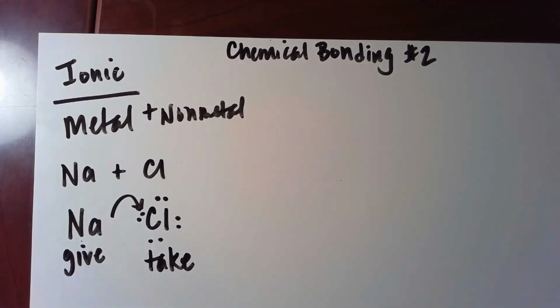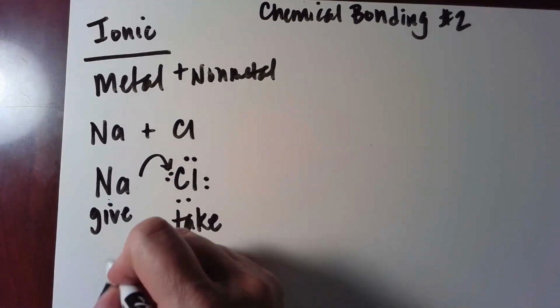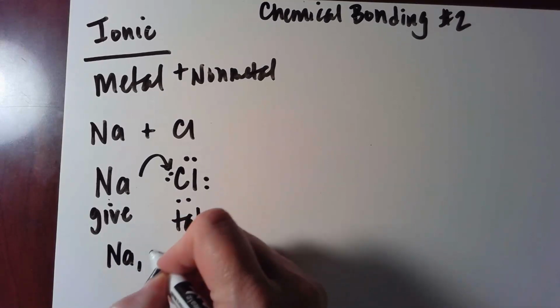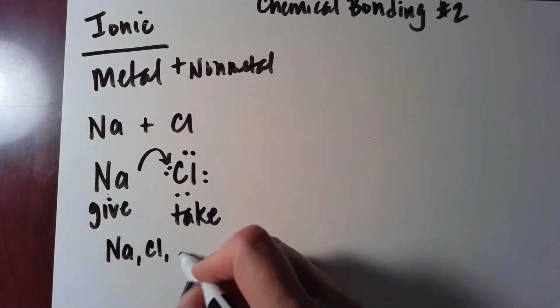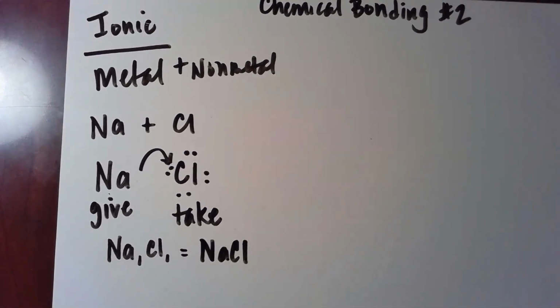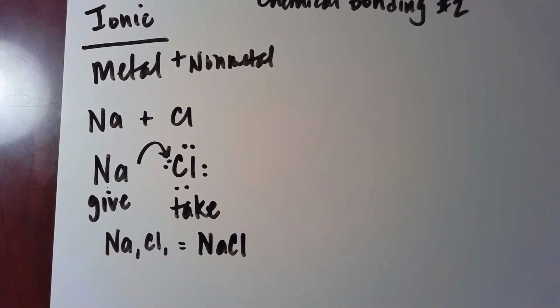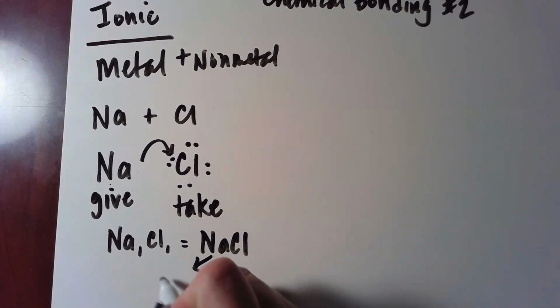All right, and then if we were to write that formula, because there's one Na and one Cl, that's like saying Na1 Cl1, or like in math, we all know that's really just NaCl. Reduce 1 to 1. If it's a 1, you don't need to write the 1, it's understood. And then we just name it sodium.